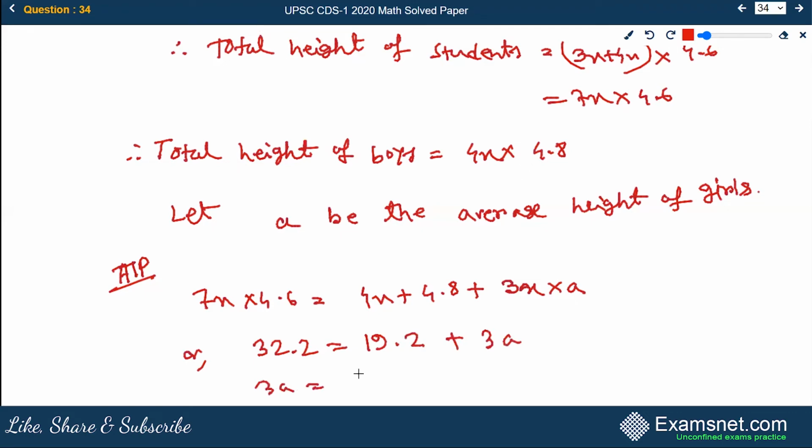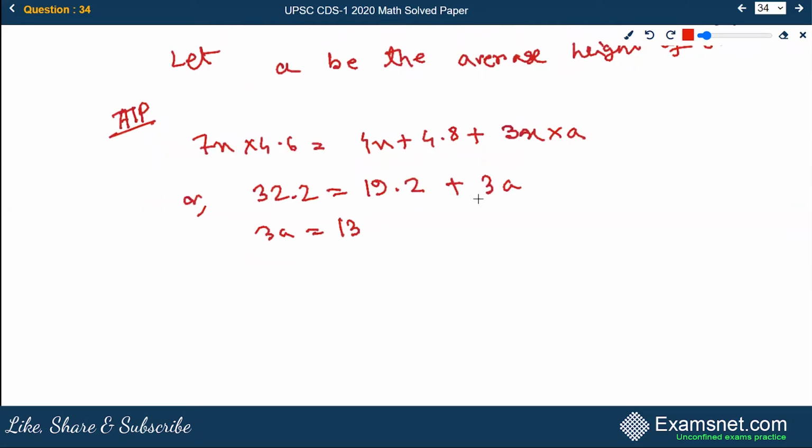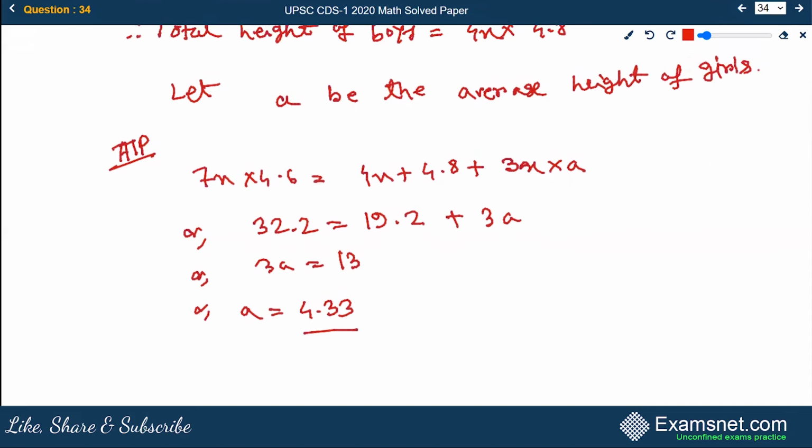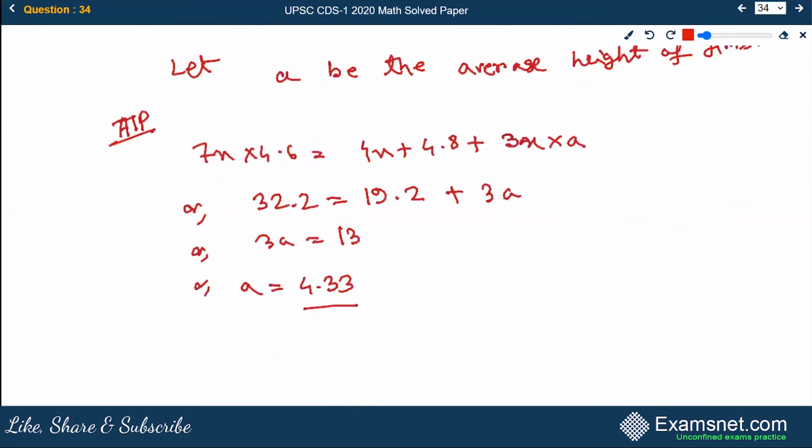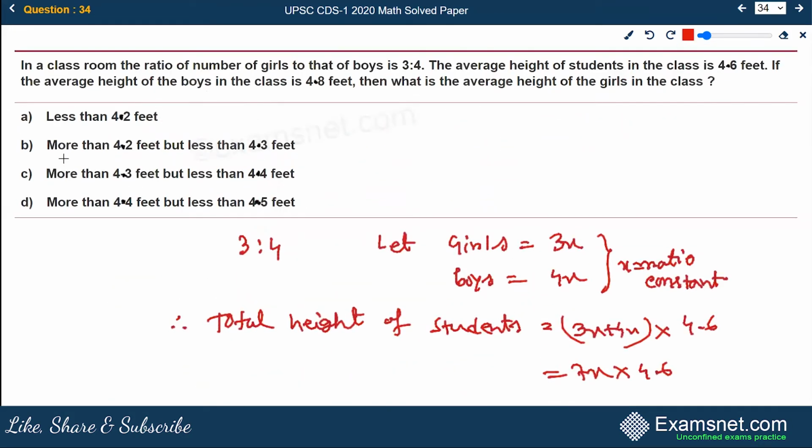So 3A is 13. That means approximate value of A is 4.33. So here average height of the girls in the class is more than 4.3 but less than 4.4. Okay, 4.33. So yes, option C is the correct option. More than 4.3 but less than 4.4 feet.